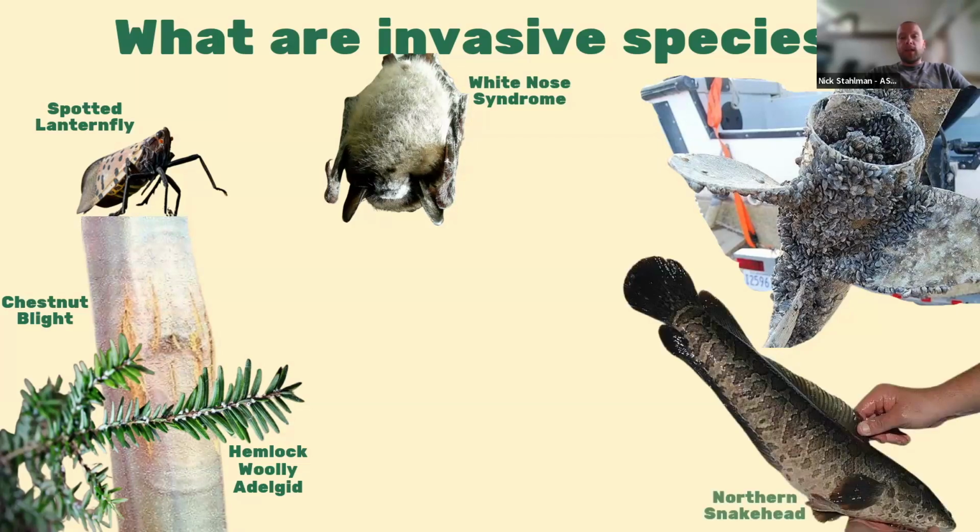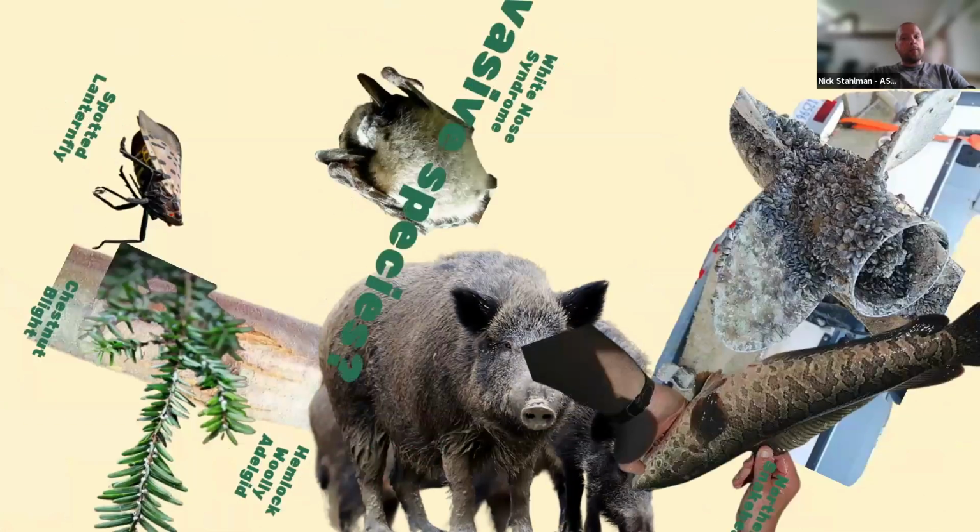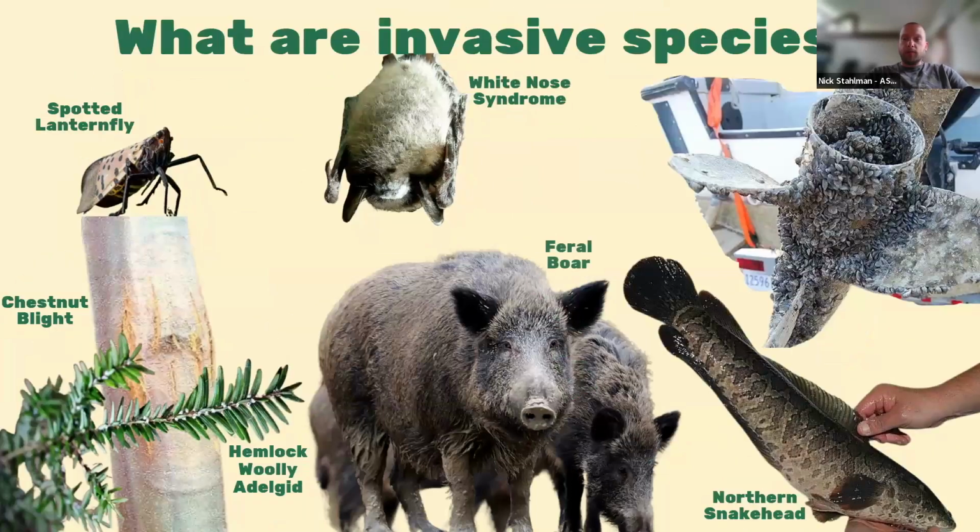The northern snakehead is a very aggressive and voracious predator that competes with native species and disrupts aquatic ecosystems. And the good old wild boar, which is just 200 pounds plus of heedless destruction, disrupting everything from agricultural fields to patches of endangered plants that they just root up.